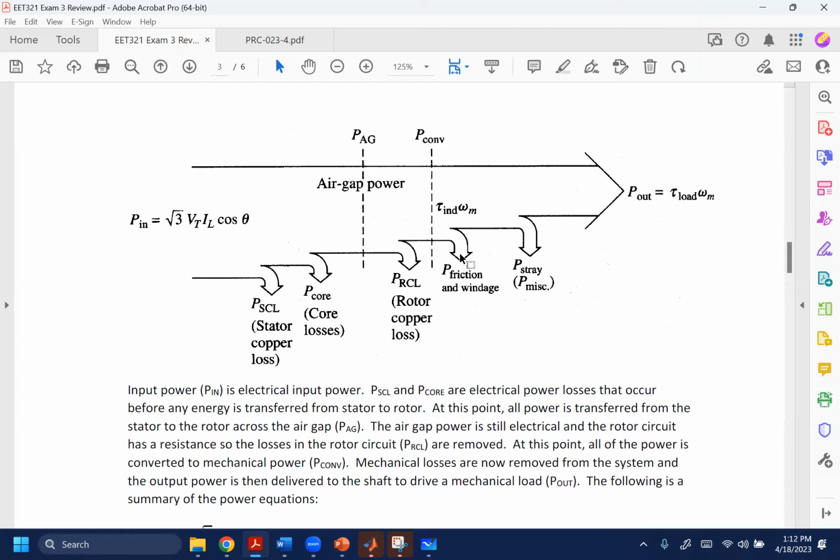The reason it's developed torque and not output torque is that I've got to take out all these mechanical losses, so developed torque is what it actually produces. Then in the mechanical world, we have torque losses to account for before we get to output. Converted or developed is the same thing. So torque induced is the developed torque, like in the homework. Okay, thank you.